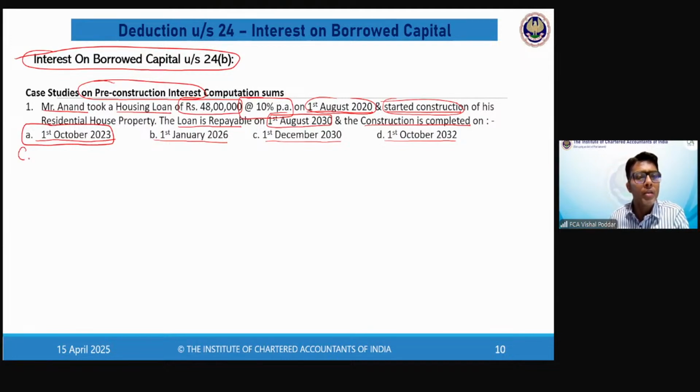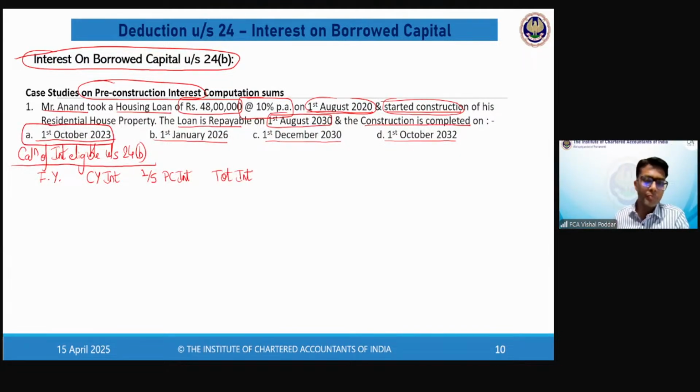So my working is calculation of interest eligible under 24 clause B. Now for this, I generally follow a working note. So one is the financial year, one is the current year interest, and then you have the 1/5 of pre-construction interest, and this will be your total interest which we are looking for.